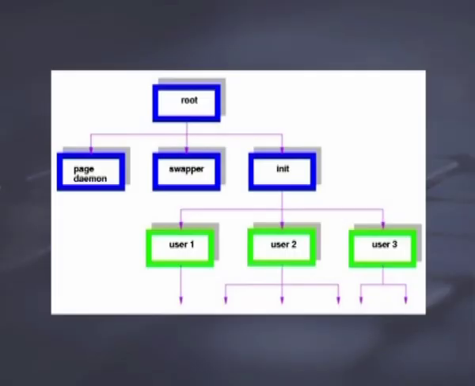A process hierarchy in Unix operating system has been shown in this figure. A process has one parent but 0 or more children. A process, its children and further descendants together may form a process group. Child processes may communicate with each other.